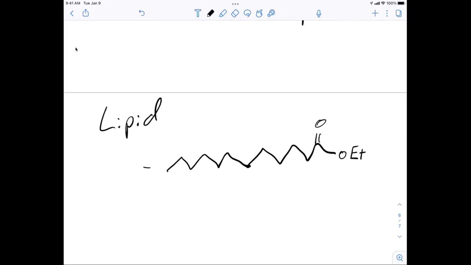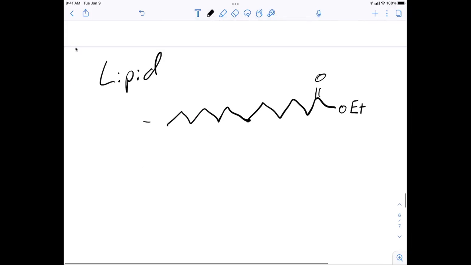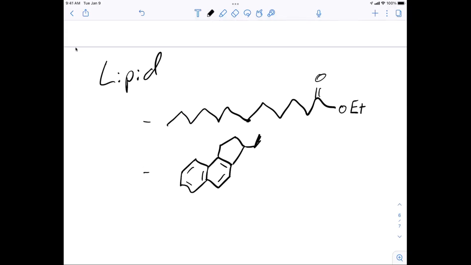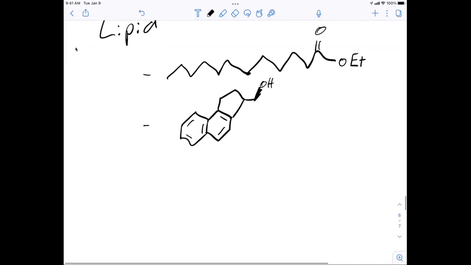So a lipid can be a long chain fatty acid. A lipid can be something like our hormone species, right? So estrogen, testosterone.